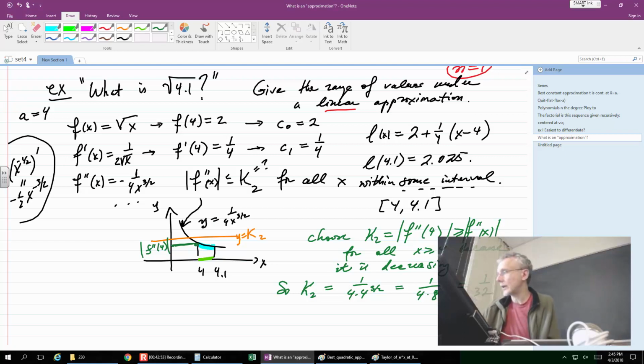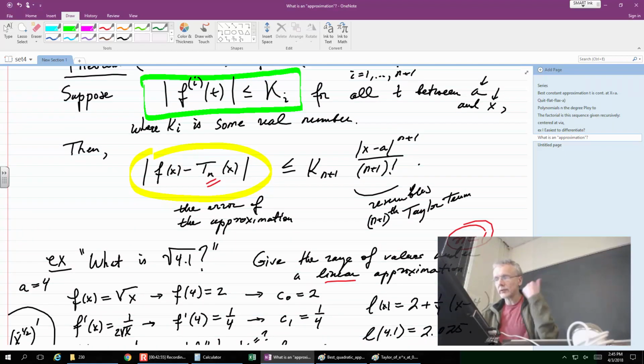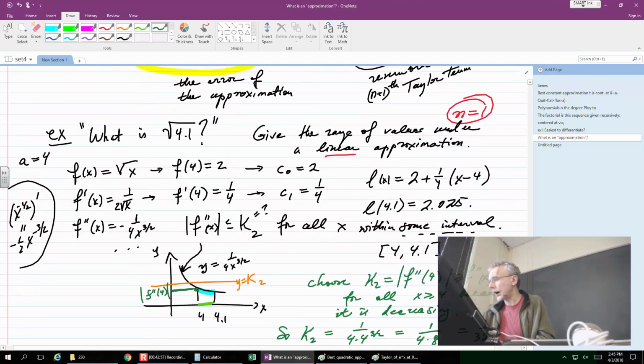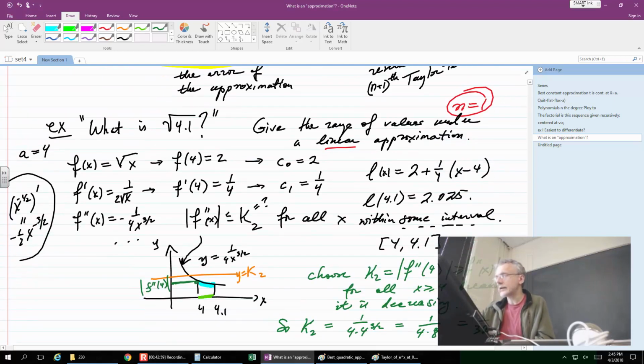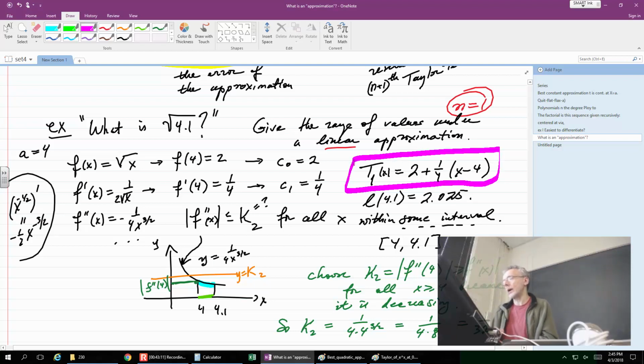Now we can use our theorem and plug it into the last part of our theorem. I put an L, but let's match this with the theorem. So this is T1, the linear approximation. That is the crucial part of our computation. This one is also T2.